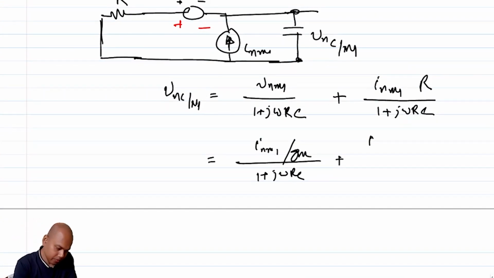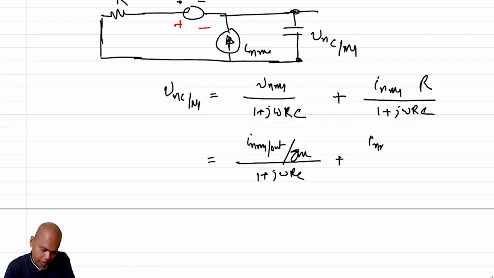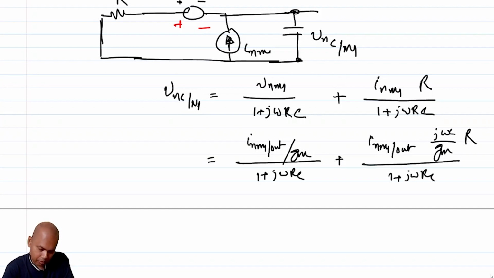Okay, so this becomes INM1 out by GM by 1 plus j omega RC. This becomes INM1 out times j omega C by GM times R by 1 plus j omega RC, right?